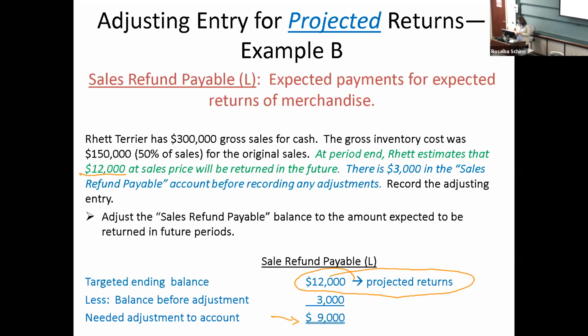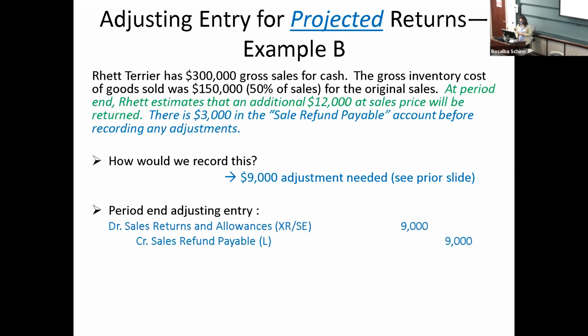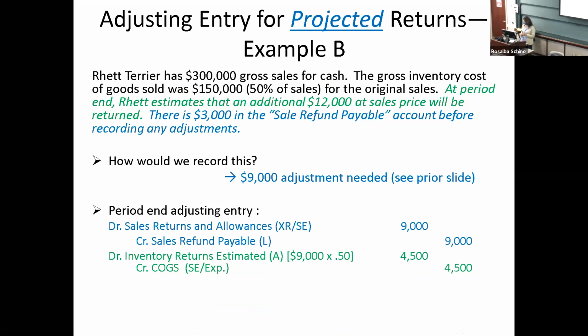Does it make sense? Okay. So with that in mind, this is pretty much my adjusting entry. I need an adjustment only of 9,000. So my sales returns and allowances will be increased by 9,000. Remember, why is it debited? Sales returns and allowances, it's a sales account, why is it debited?